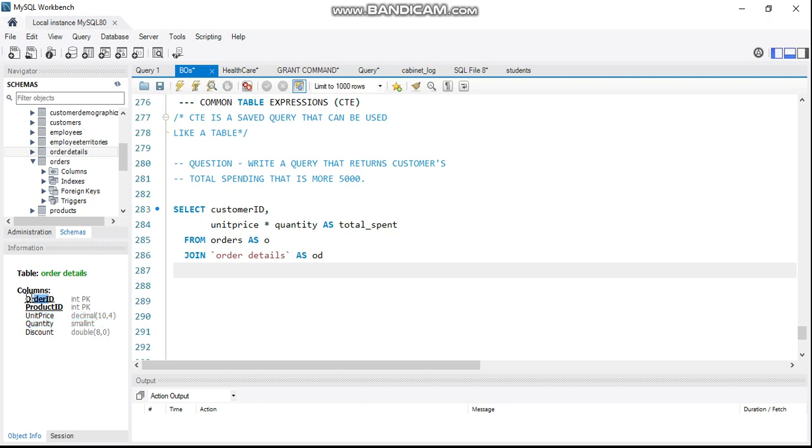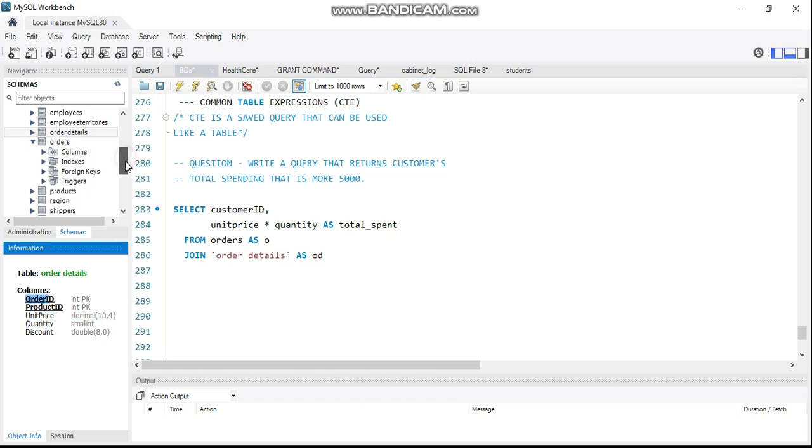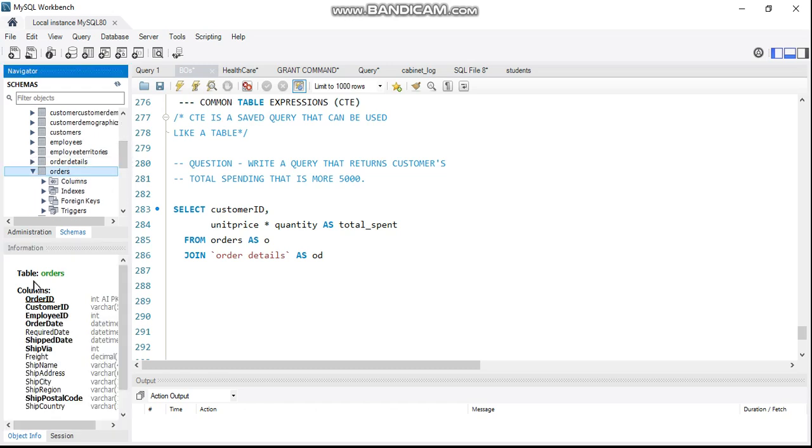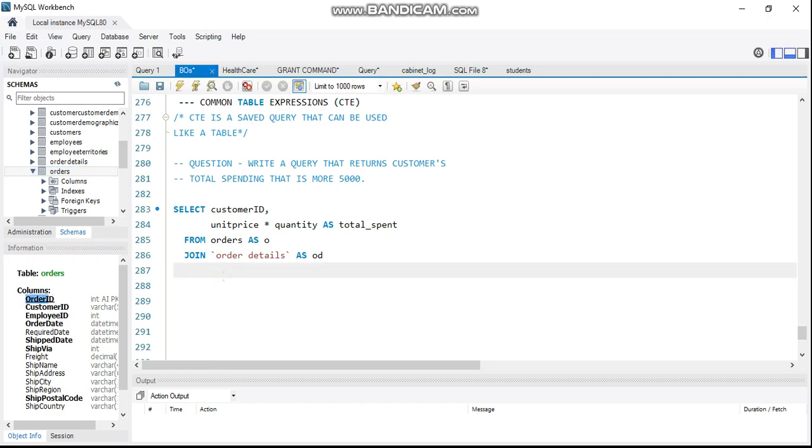They have order ID here, and there is also order ID in orders. So we use ON O dot order ID equals OD dot order ID. So this is one query now.